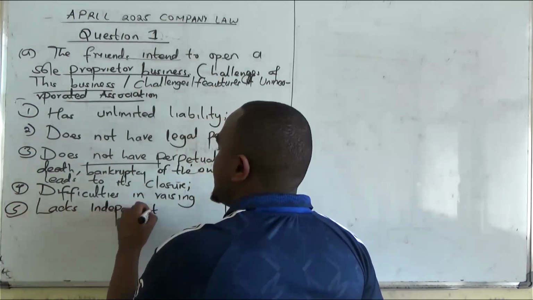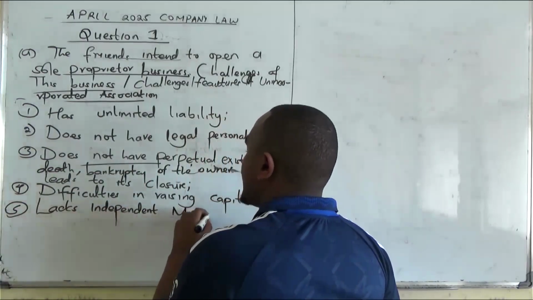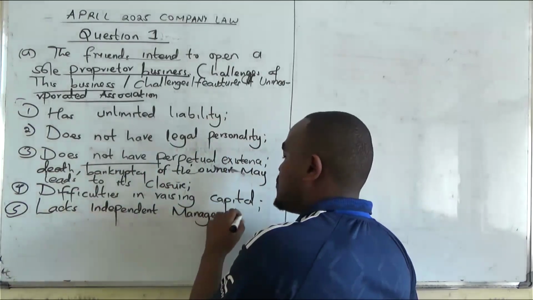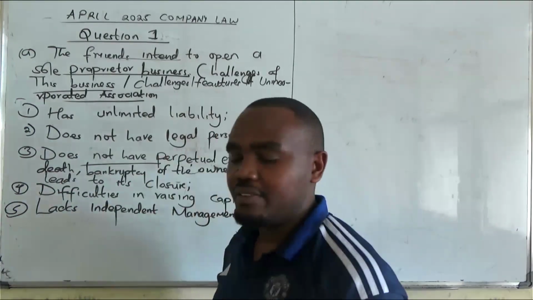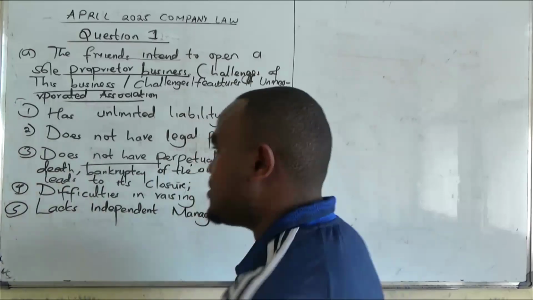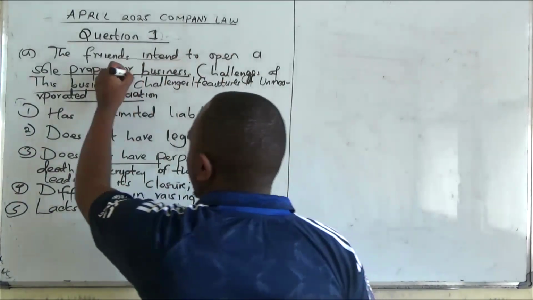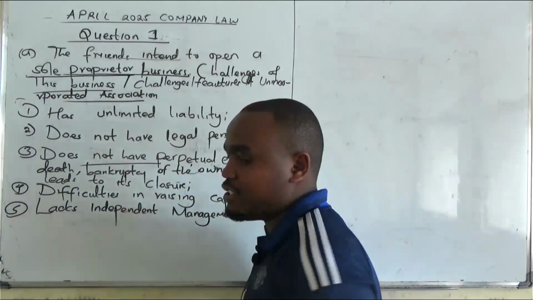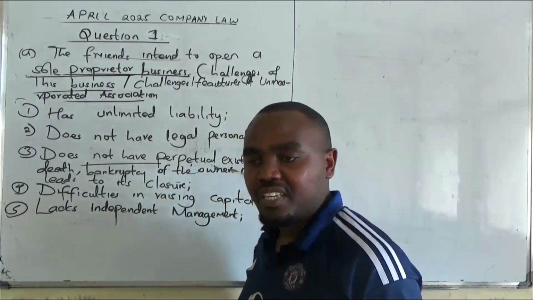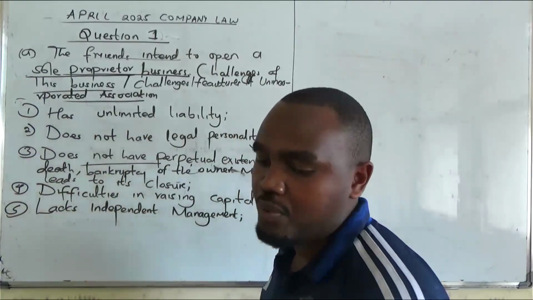You have to learn the art of paraphrasing a question, because you cannot see a question and then start forcing your answers. That is a bad way of answering. You have to first check what the examiner is testing and align the wording. Sole proprietorship: what is the meaning? It's a form of unincorporated association.